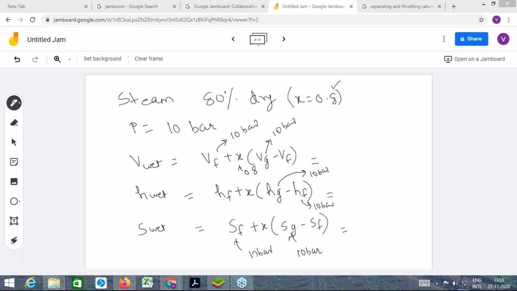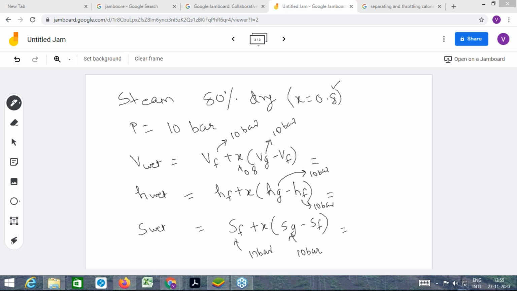Which textbook are you using? Or have you purchased the steam tables? I don't feel that the table values would be wrong. Just check the units, if there is some problem with the units.